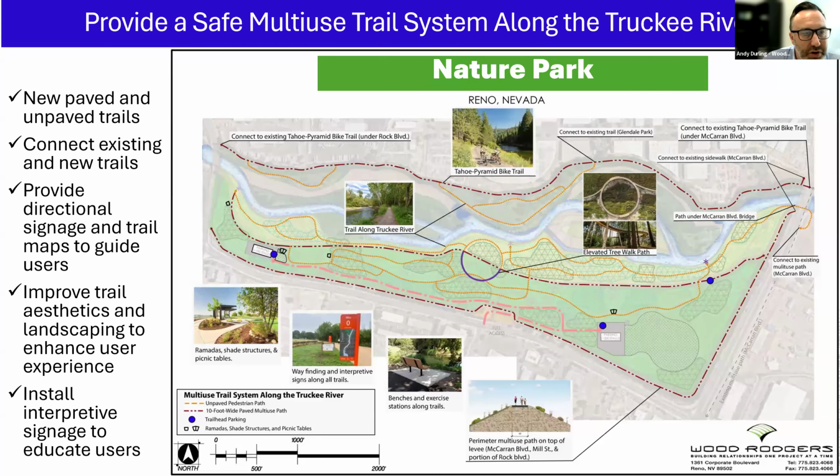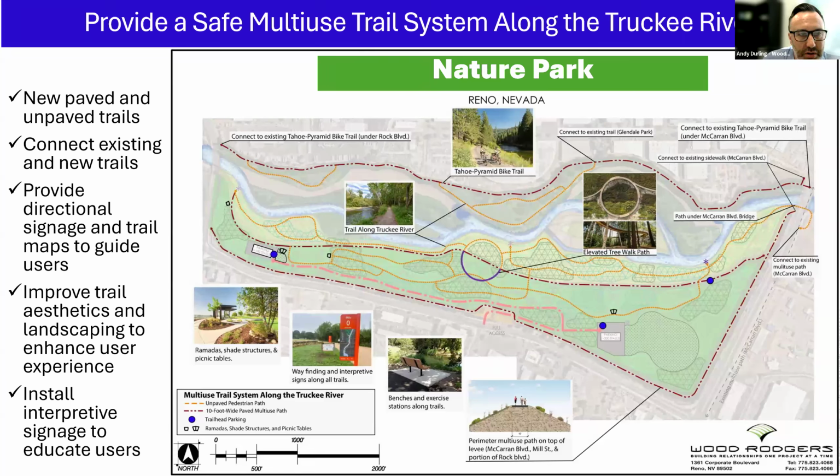So the second community requirement is providing a safe multi-use trail system along the Truckee River. This includes new paved and unpaved trails, connections to existing trails in the area, signage and maps to help guide users, improving overall aesthetics with landscaping to enhance the experience of trail users, and installing interpretive signage for educational opportunities.